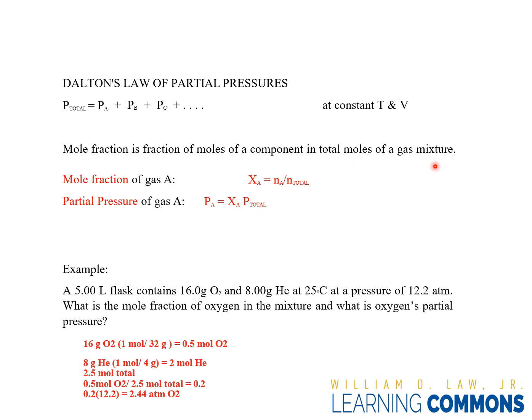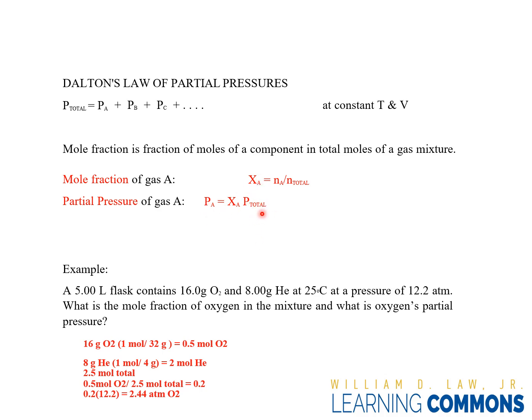Just keep in mind the mole fraction of gas A is the number of moles of the gas divided by the total number of moles of all the gases, and the partial pressure of gas A is the mole fraction multiplied by the total pressure.